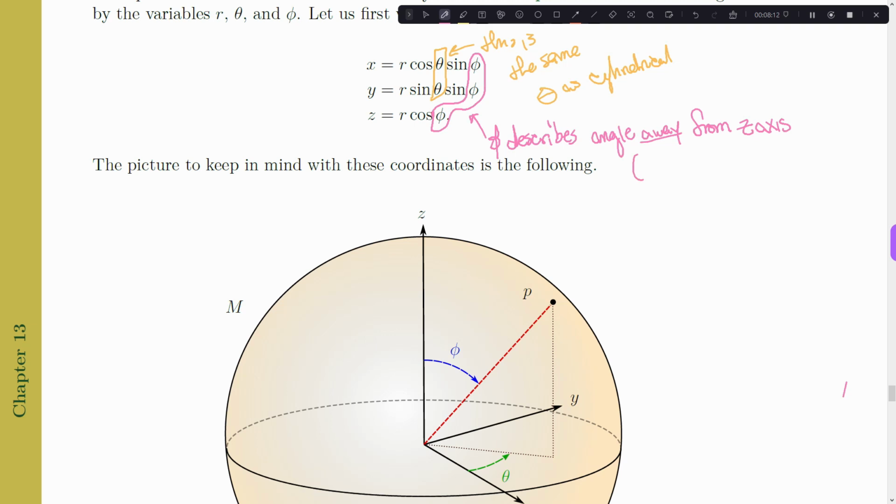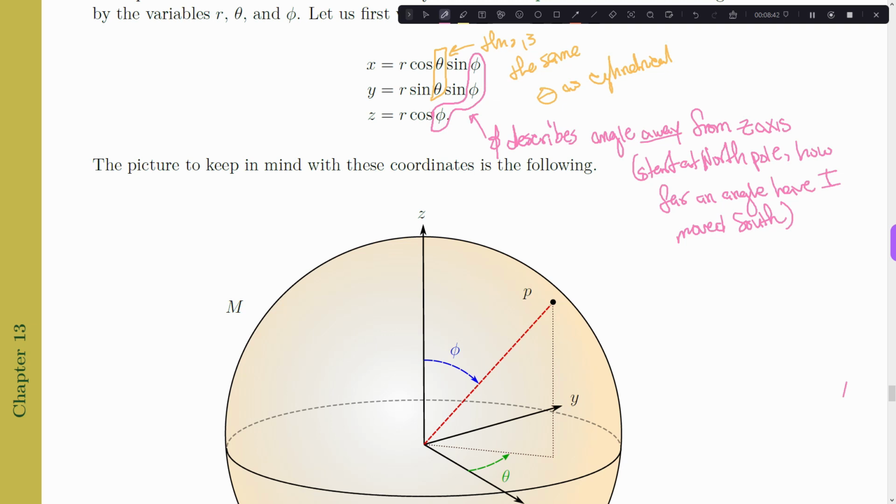That's another way of thinking about it. Start at the North Pole, right near Santa. How far of an angle have I moved down south? So if I start at the North Pole, how far of an angle have I moved south? That's what phi is going to describe here.